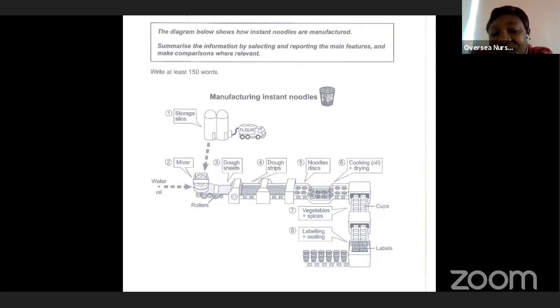The next stage after the strip is made is where the strips are made into noodle discs. Then cooking oil is added into the discs, allowed to dry, and then made in cups where vegetables and spices are added to it, and proceeds for labeling and sealing.